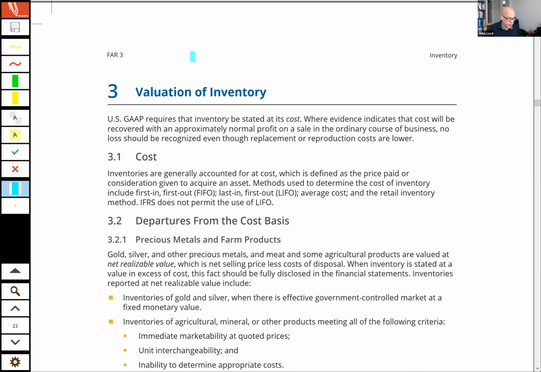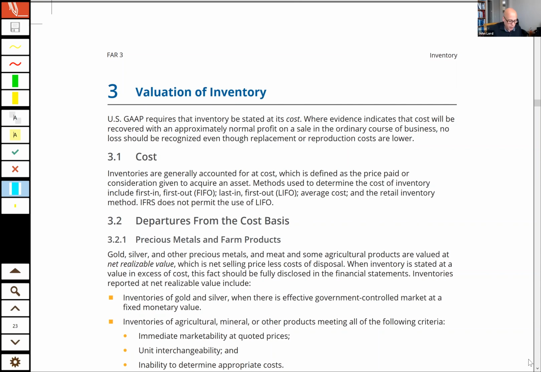We actually started inventory last time, talking about the items that should be included, free on board shipping point, free on board destination. We also talked about the specific costs that should be included, shipping costs as part of the cost of inventory. Freight in, freight out is a selling and administrative expense, a selling expense, right? We talked a little bit about that.